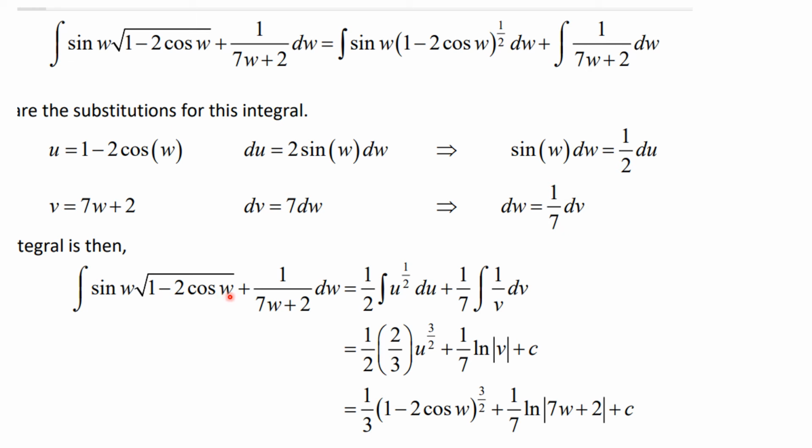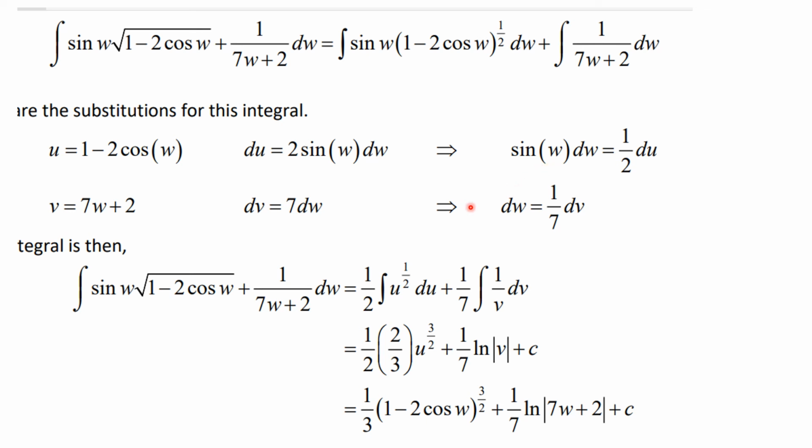Here is this problem. Again, there are going to be two substitutions. We'll do it term by term. This will be the first one, and this will be the second one. So the substitution on the first one is going to be u equals 1 minus 2 cosine of w. du is going to be this, and du is going to be 2 sine 2w dw.